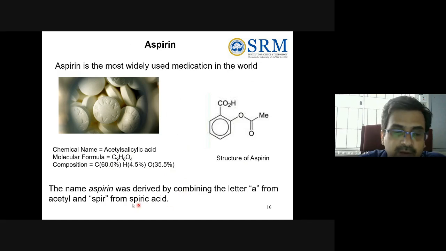Now, how has the name aspirin been derived? The name comes from acetyl spirit: A from acetyl, and spir from spiric acid.